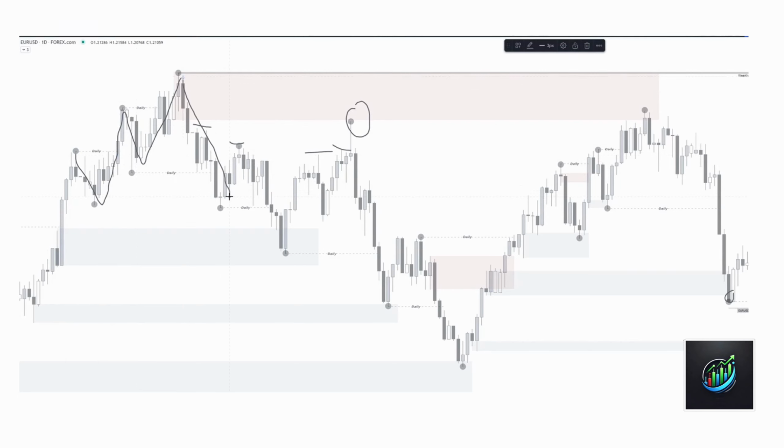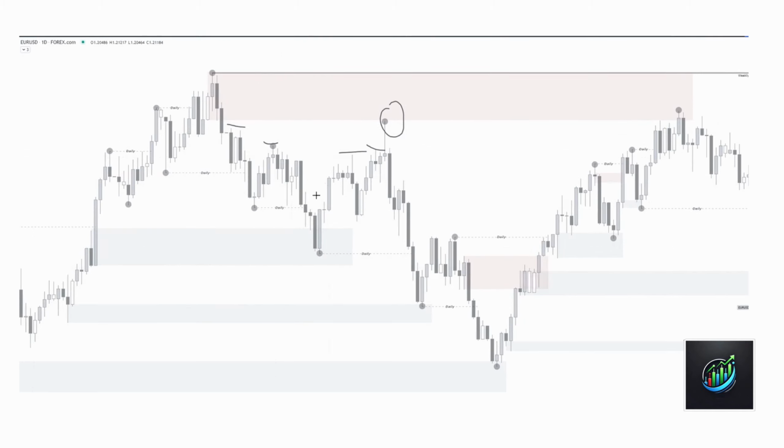We see a breakdown of that structure, a change of character. We've now switched from bullish to bearish. We're creating lower lows and lower highs now. And for this daily downtrend to continue, we cannot violate this high specifically, this one right here, the swing high. And we're looking to break this low in order to create a lower low.